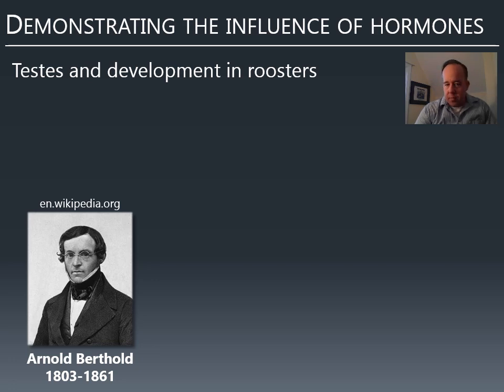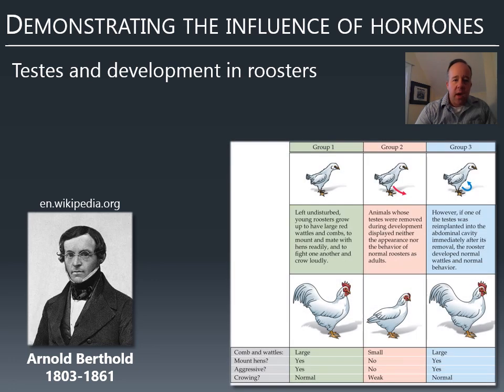So this was known. And Berthold looked at roosters to really understand what hormones were. No one really knew how this process worked, how the sex organs affected development and behavior. And so Berthold asked what seems to us now a very simple question: how do the sex organs affect development and behavior?